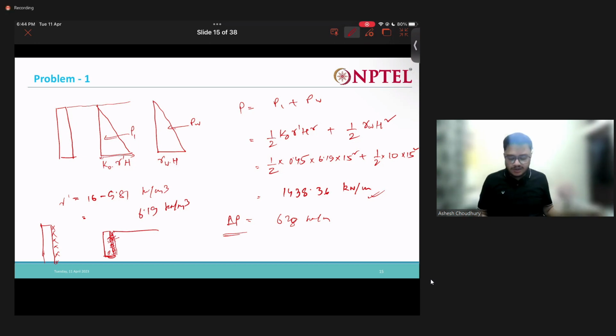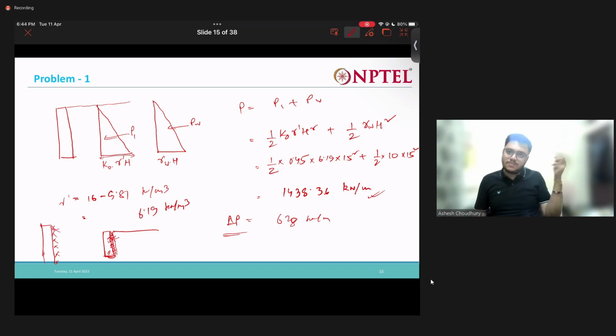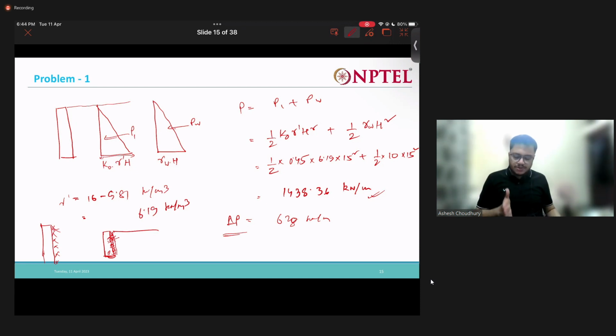Filtration means only water will pass and the soil particles won't pass. So that geosynthetic material has two functions to satisfy: one function is drainage and the second function is filter. It is a filter material and a drainage material. Generally we provide geotextile for the filter, and then one layer of geonet for drainage.